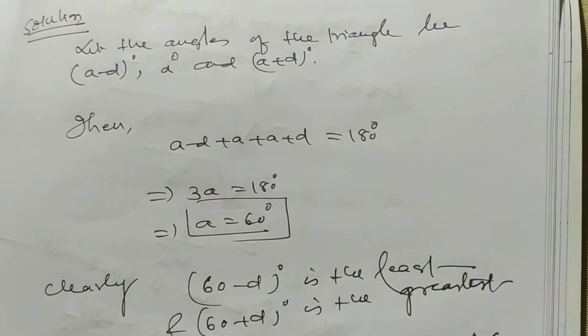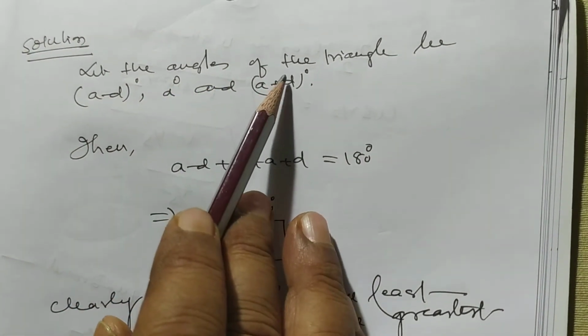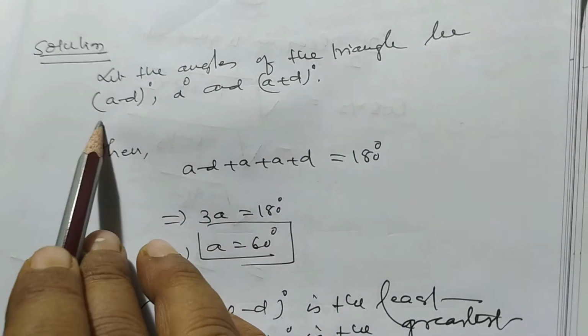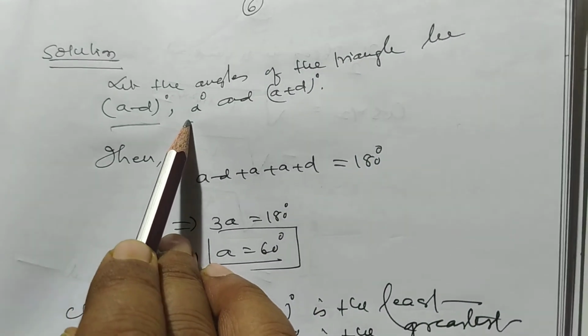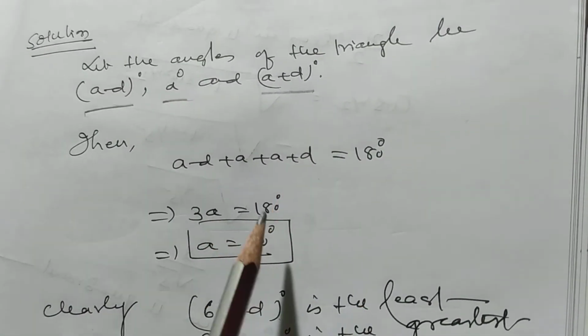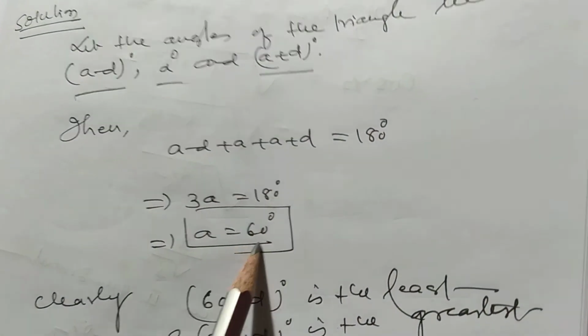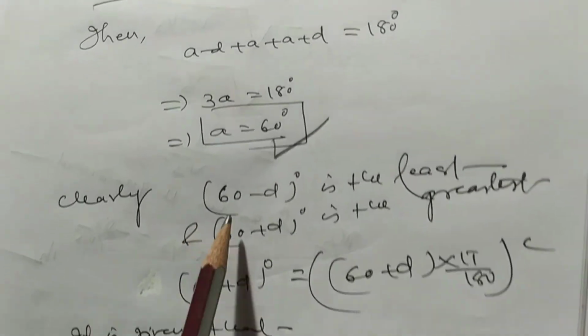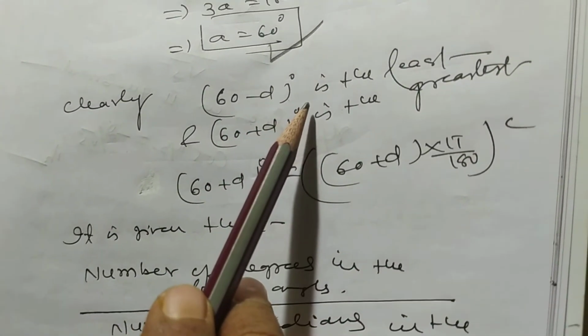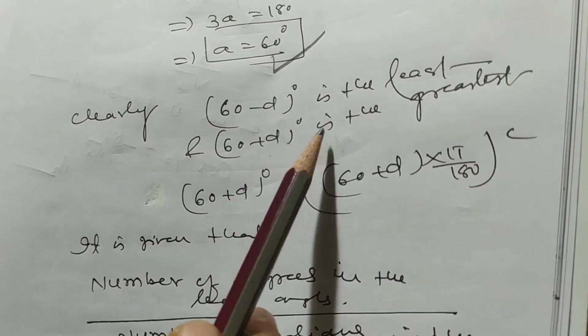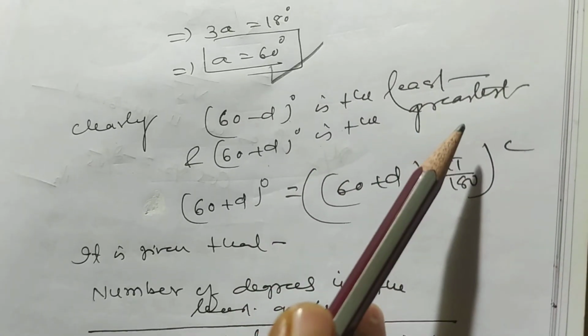So my dear student, let the angles of the triangle be A minus D degree, A degree, A plus D degree. A minus D plus A plus A plus D is equal to 180 degree. So A is equal to 60 degree. Clearly 60 minus D degree is the least and 60 plus D degree is the greatest.